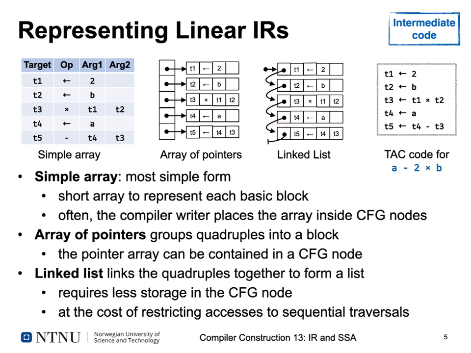So this only requires us to store one single pointer in our control flow graph node compared to an array of pointers or a whole array of 3 address code instructions. But we have a fixed order, so we can only access the instructions of our basic block in order by traversing our linked list.